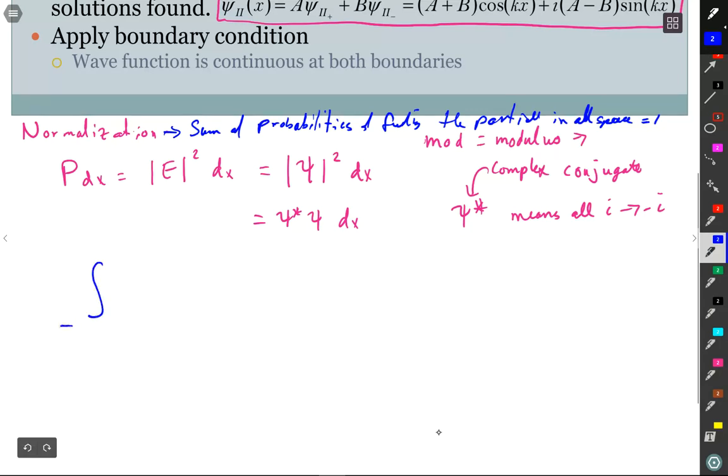So, we take the integral from minus infinity to infinity, so we're covering all space, of psi star psi dx.